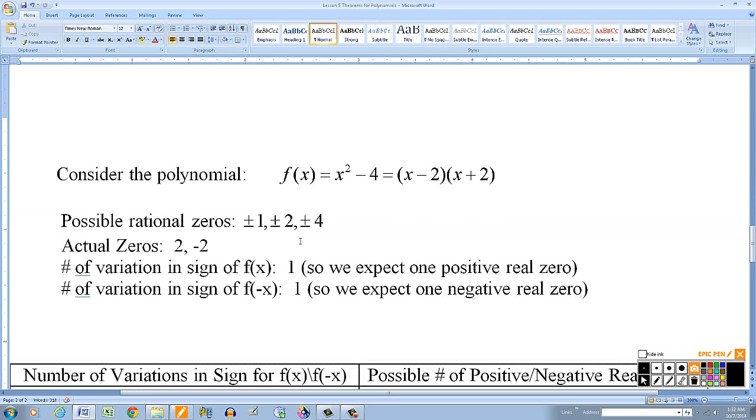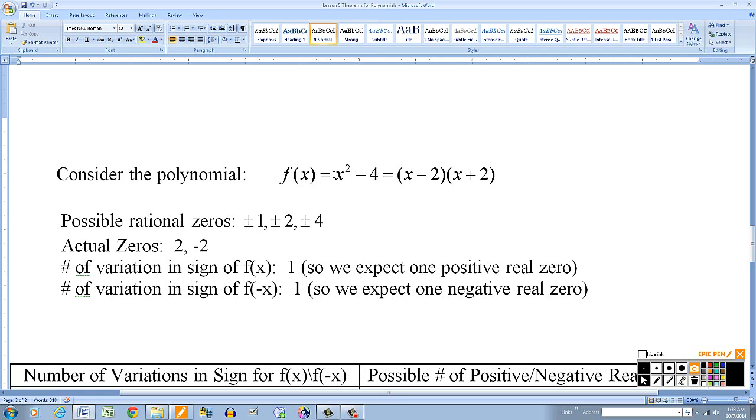So if I consider the polynomial I just looked at, x squared minus 4, it factors into x minus 2 and x plus 2. So obviously from that we can get the zeros and the factors. Now with the possible rational zeros, using the rational zeros theorem, the possible rational zeros are going to be factors of negative 4, which are plus or minus 1, plus or minus 2, plus or minus 4, divided by factors of the leading coefficient, which is 1, so that's plus or minus 1.